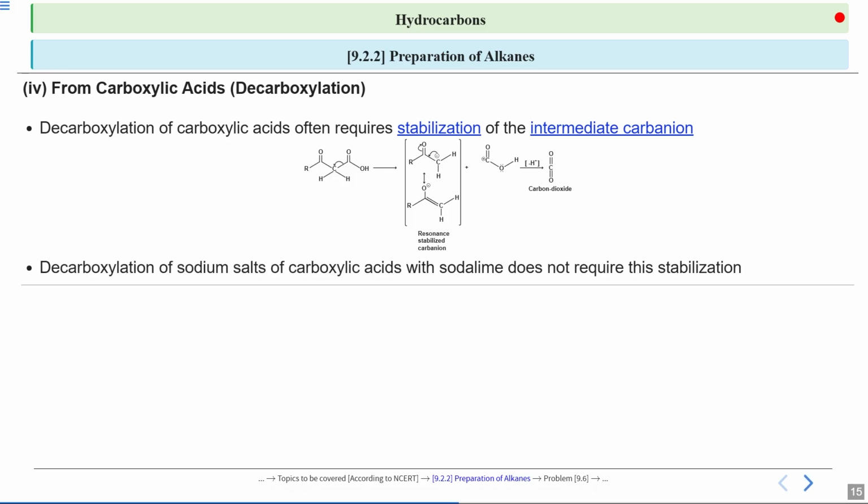Is it clear? So decarboxylation of sodium salt of carboxylic acid with soda lime does not require this stabilization. But if you are forming it without this sodium salt, you need to stabilize the negative charge on the next carbon, which is after your carboxylic acid group.